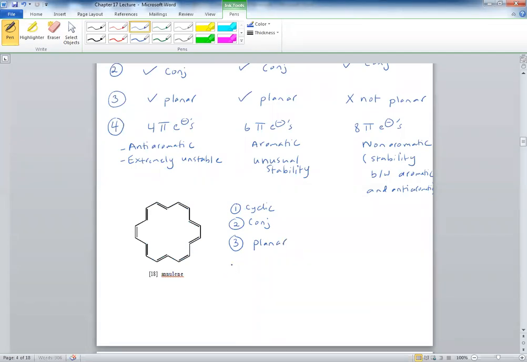And then 4: how many pi electrons does it have? Well, count them. There's 2 per each double bond or pi bond. So that turns out to be 2, 4, 6, 8, 10, 12, 14, 16, and 18.